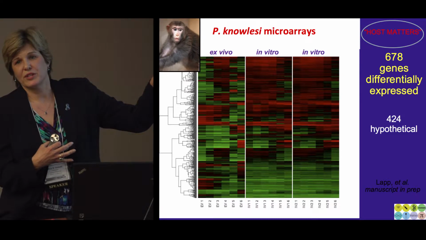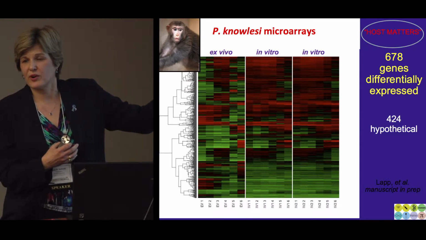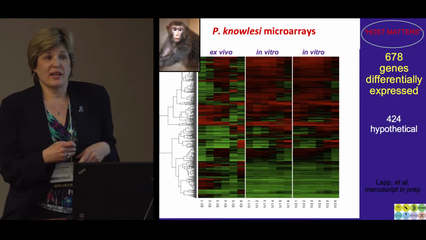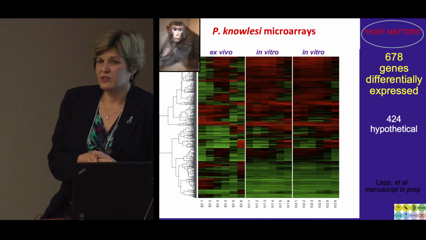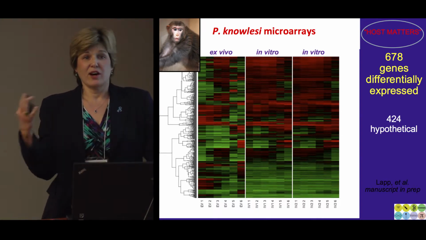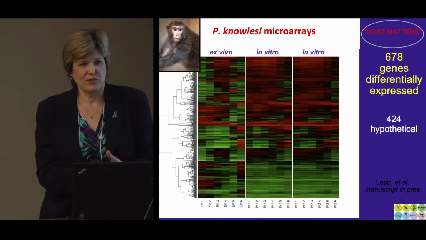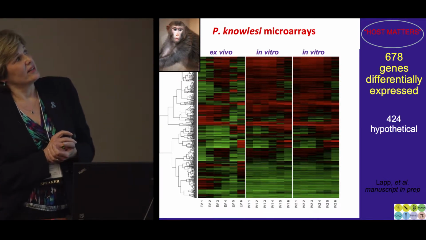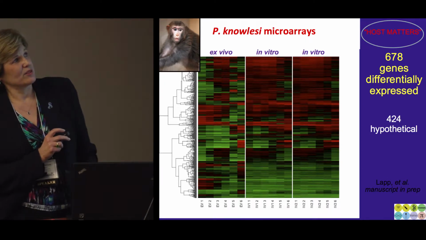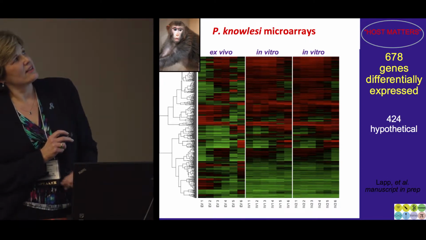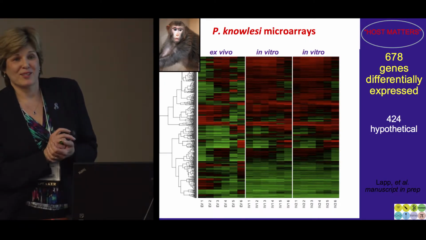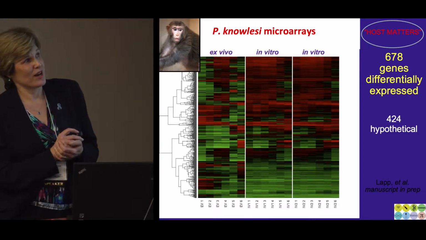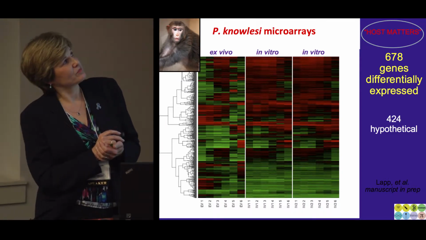With this work, microarrays followed up with RNA-seq, even with the var gene counterpart in knowlesi, you see a complete turning on of a lot of var genes, but specific proteins are expressed. So you really need to compare the host and the in vitro. In vitro, you get downregulation of a lot of genes, including the var genes. We will have a lot to learn about what's important in the host for parasite survival.